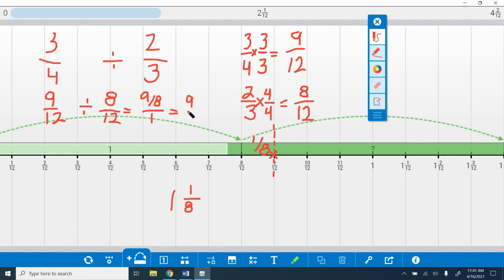Now, do you believe that this is a true statement? 1 and 1/8 is equivalent to 9/8? If so, how do you know? How many eighths are in one whole?